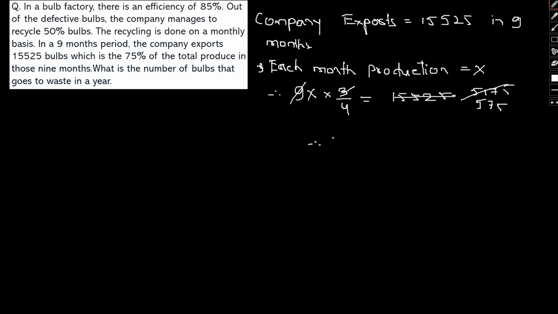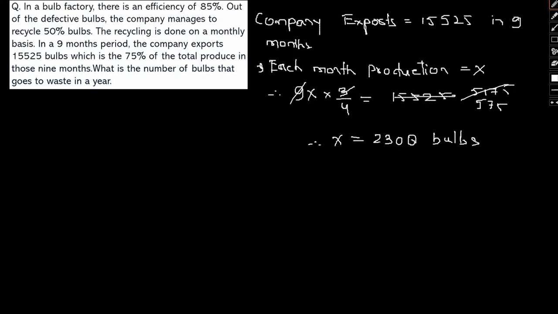So therefore x, or each month's production, comes out to be around 2300 bulbs. So this is each month's production.